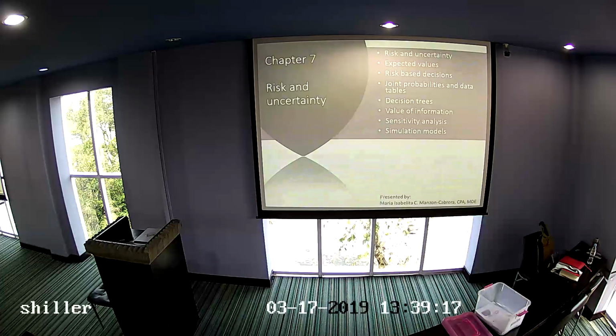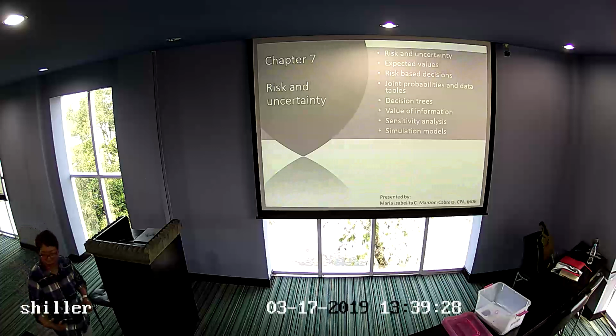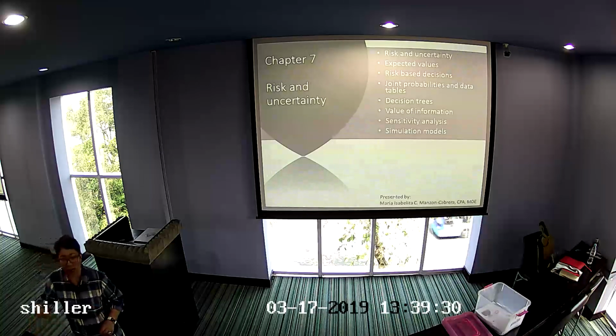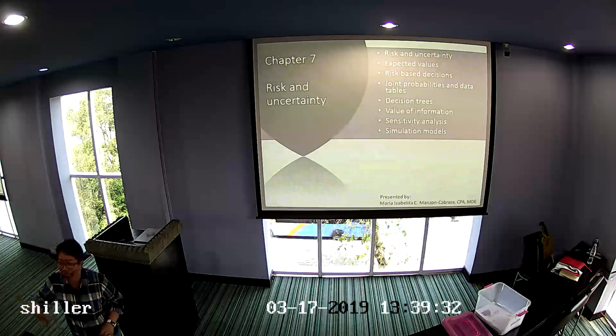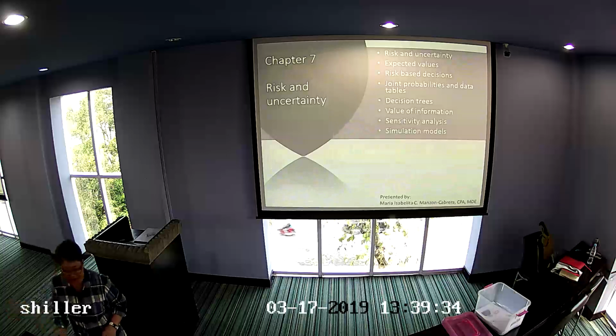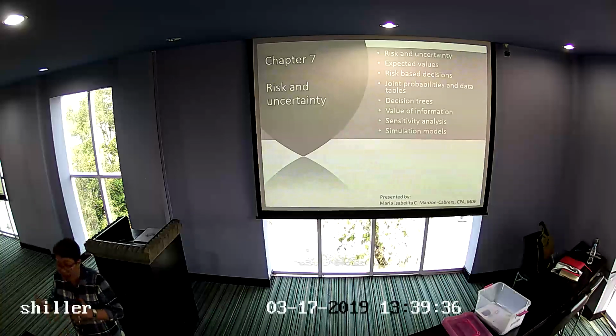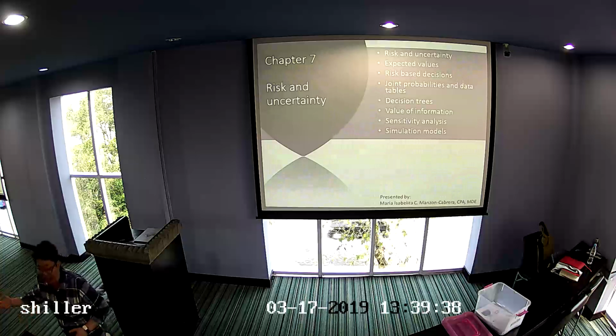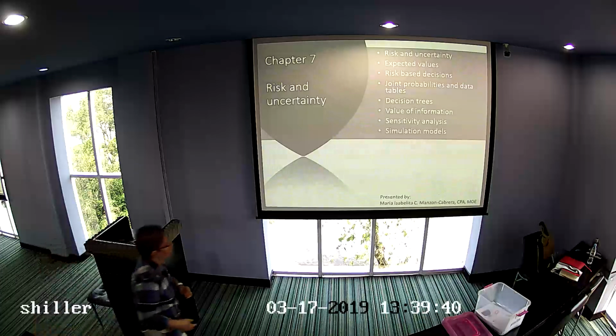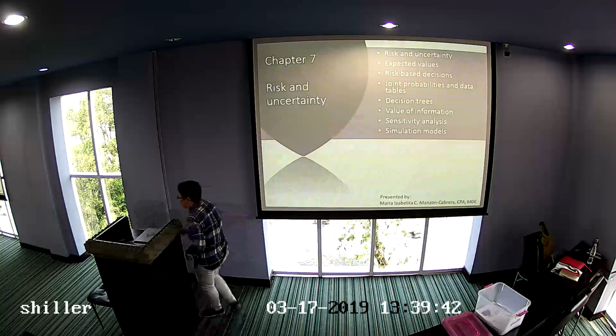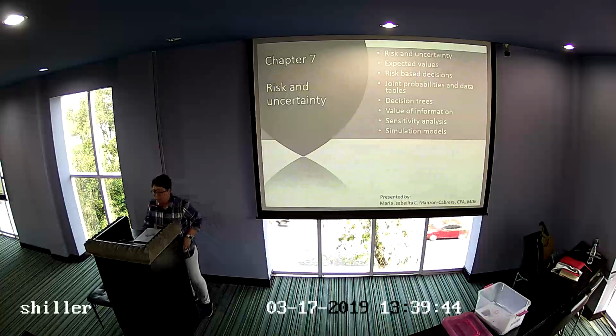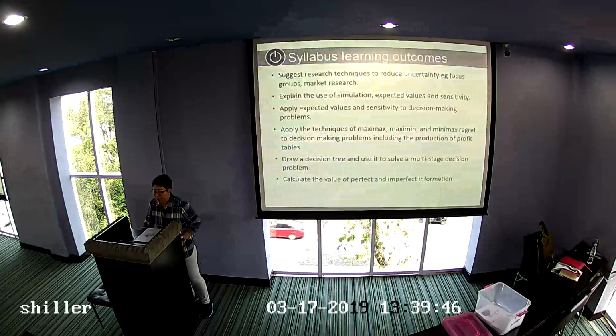What you see on the screen are the different kinds of techniques that could be used by those making decisions to say, okay, I'm taking a calculated risk. You understand what I mean, calculated risk? You have a certain basis for making the decision. So we will need to learn these different methods to make decisions.